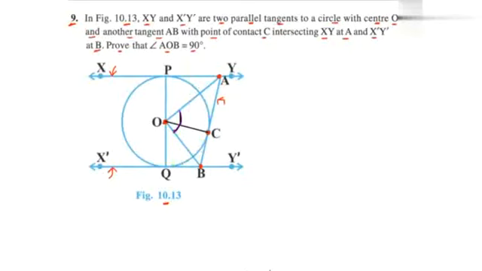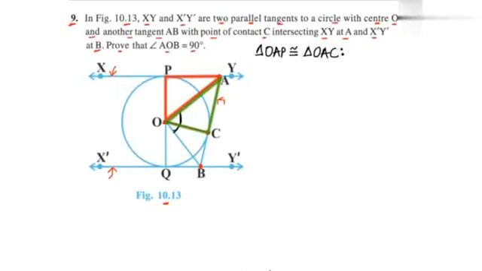As I said, we will begin by comparing triangle OAP with triangle OAC. I'm directly going to make use of the fact that these two triangles are congruent. It's very easy to show. If you want, you can pause the video for a few moments and think about how you can show that these two triangles are congruent. But I'm going to use this result directly, that triangle OAP will be congruent to triangle OAC.